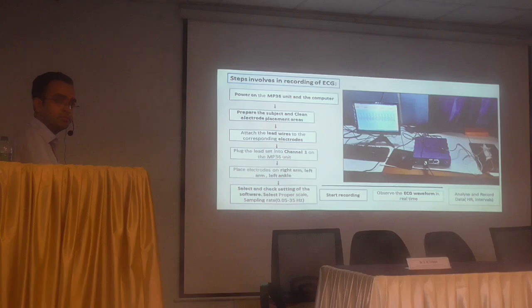Then the operations of the software come when there is a proper placement of the electrodes. One by one you have to opt for the choice and go for the BioPac MP36 software setup, and in that way you can get the graph. Today we will simultaneously place the electrodes on an animal as well as a human being.